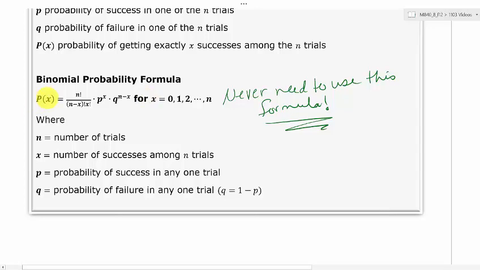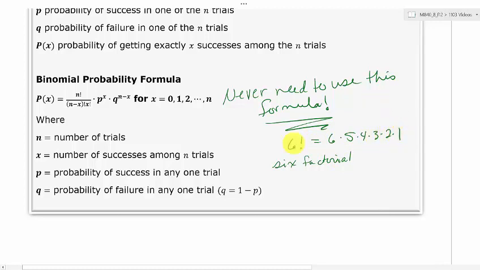The probability of X in n trials is equal to n, and this exclamation point means factorial. So for example, if you want to calculate 6 factorial, then this is 6 times 5 times 4 times 3 times 2 times 1.